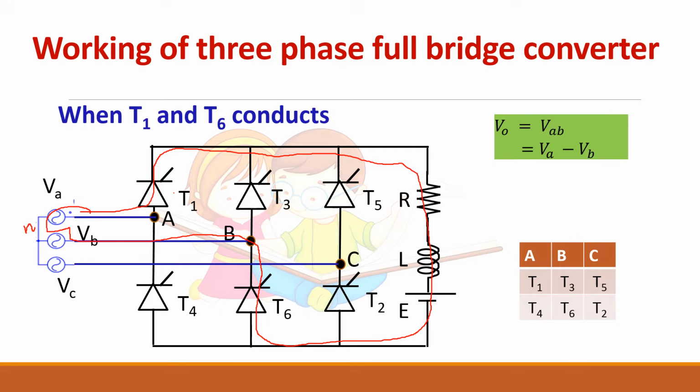So this is the current flow path. V0 will be, because A is connected here and B is connected here, V0 equal to VAB, that is equal to VA minus VB. This VAB is the line voltage.